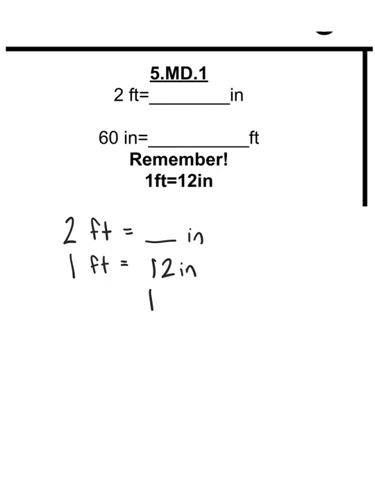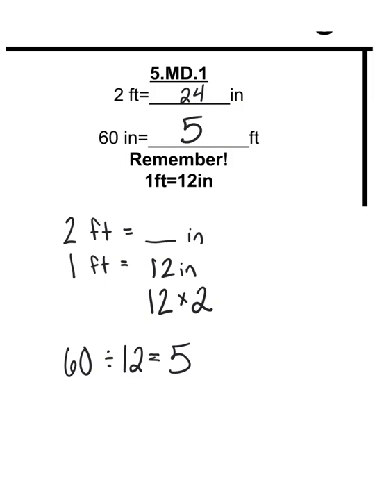So let's take our 12 inches, multiply it by our 2 feet, and that will give us 24 inches. Okay, now 60 inches divided by 12 inches in each foot equals 5 feet. And that's it, folks.